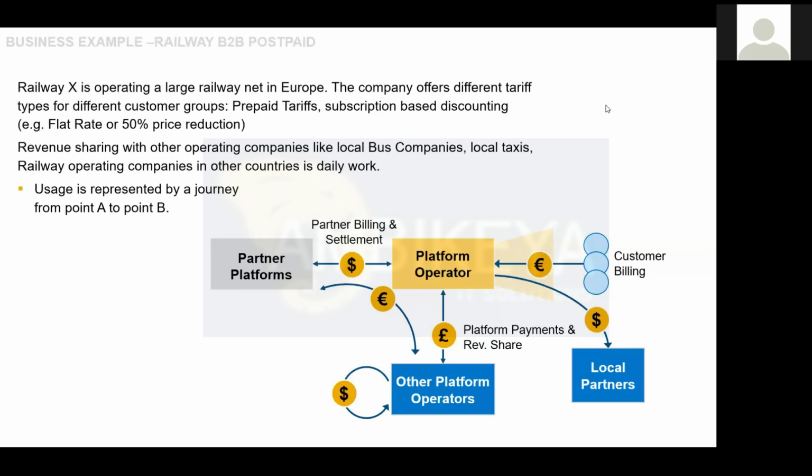This is another very typical example for the BRIM solution, that with a shared business, we have the possibility to share between different platform operators.